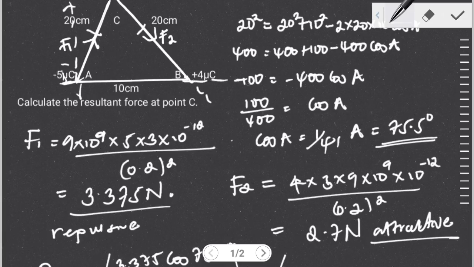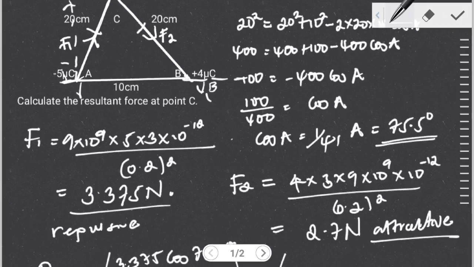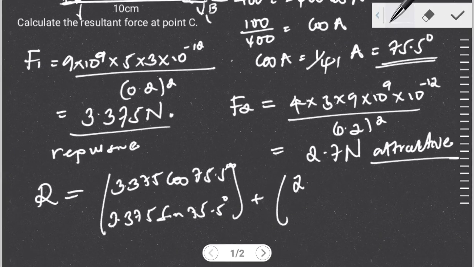If I resolve this to get the cos of it, it will be moving in the positive x, so cos in this case would be positive, because this would be b, so cos of b would be positive, and therefore I would have here 2.7 cos of 75.5.